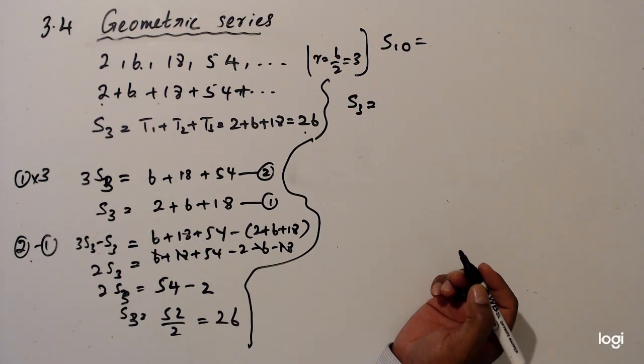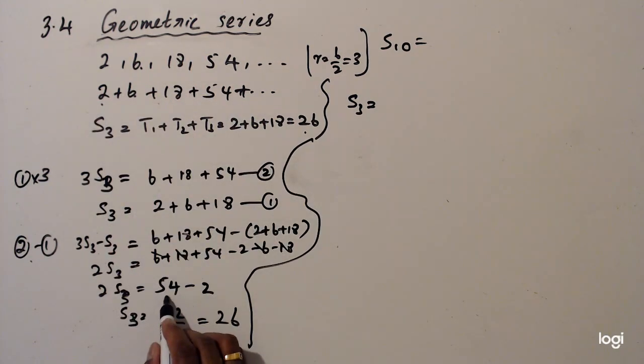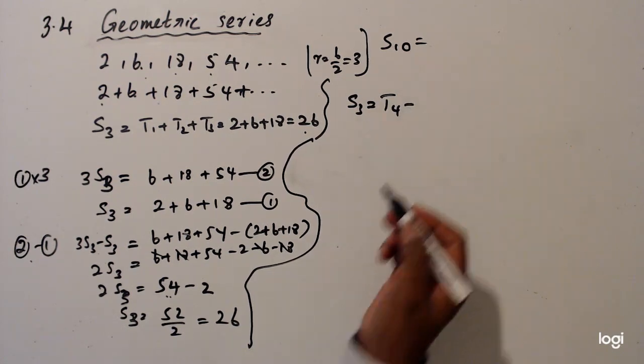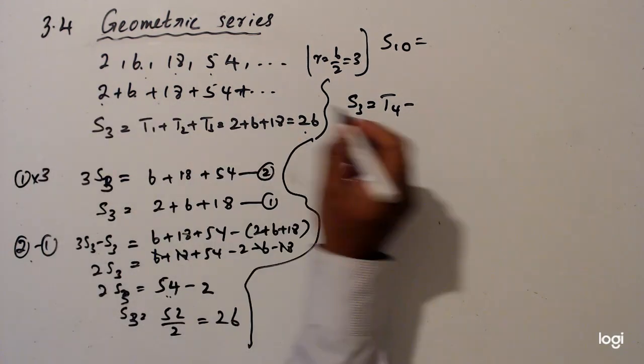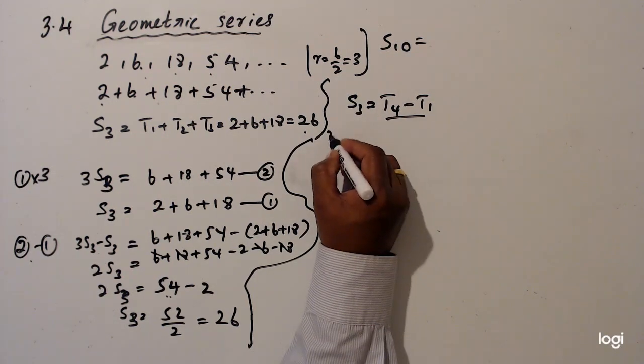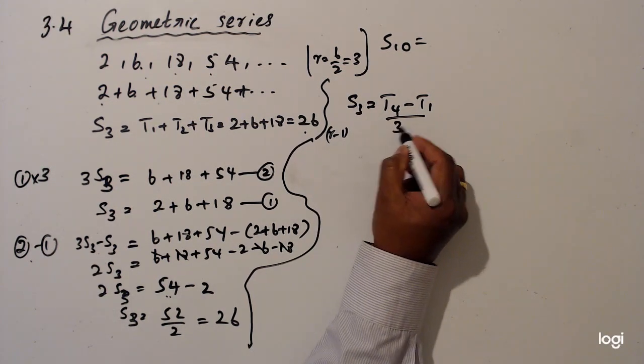S3 means 54, that is the fourth term (1, 2, 3, 4), minus 2, which is the first term, over the common ratio minus 1, that is 3 minus 1.